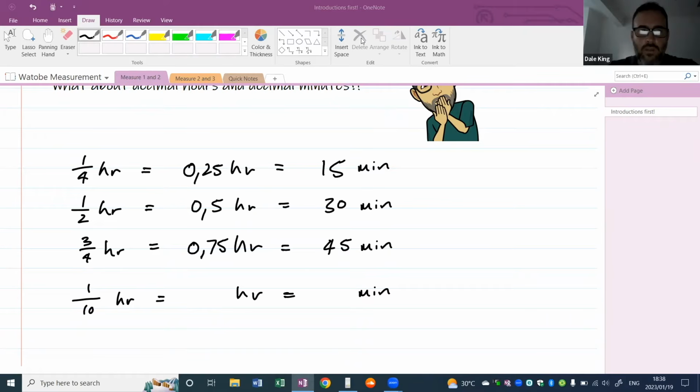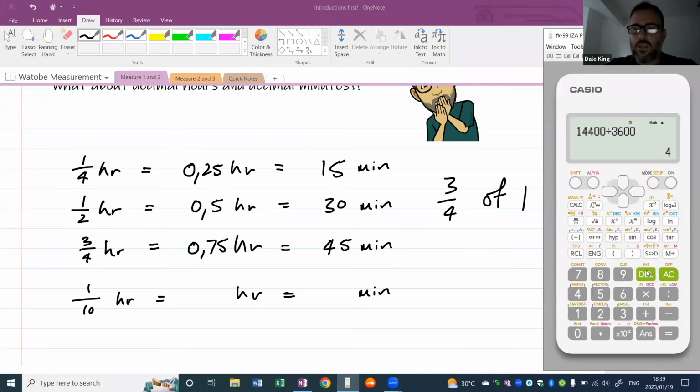How do we get 3/5? It's 3/4. All right, so it's 3/4 of an hour. So one of you gave you a clue on how to work it out. 3/4 of 1, you can multiply that. You can actually do that on the calculator.